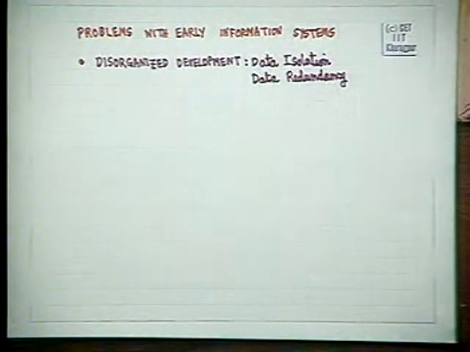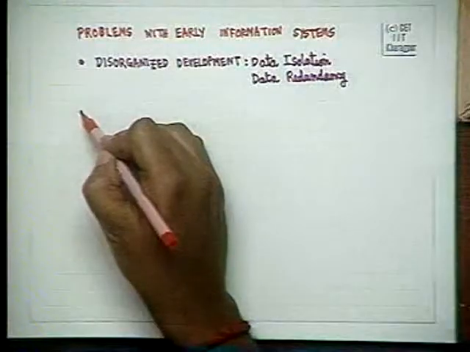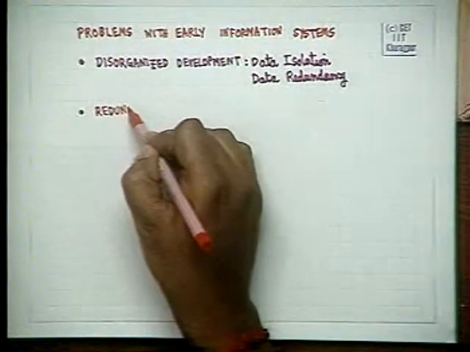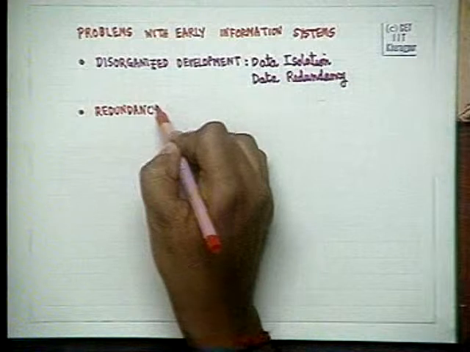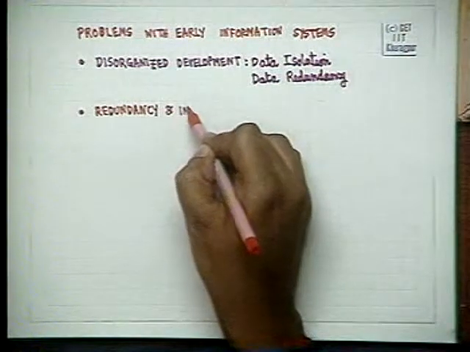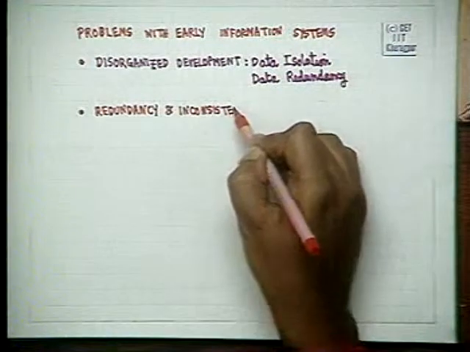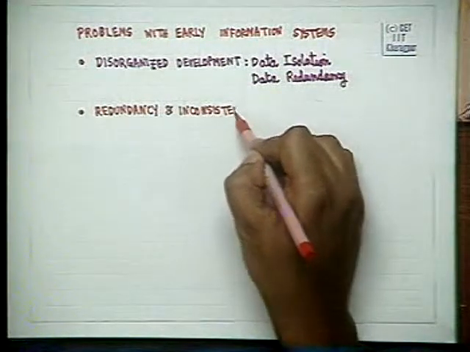Now, these two led to several subsidiary problems, one after another. I will give you the next problem which cropped up, which was due to data redundancy: inconsistency.